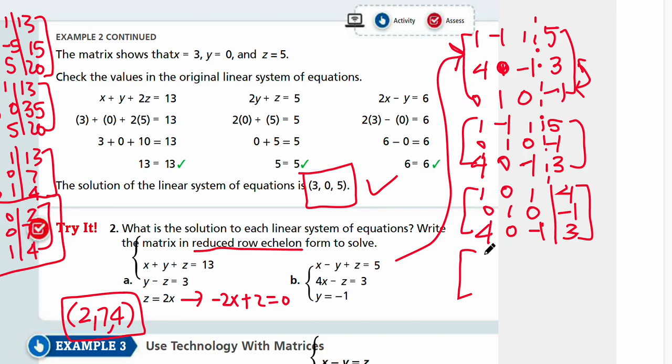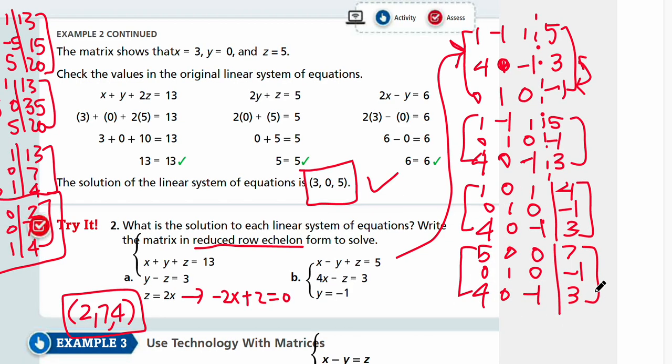So 1 plus 4, 5. 0 plus 0, 0. 1 plus negative 1, 0. Good. And now 4 plus 3 would be 7. And then 0, 1, 0, negative 1. And then 4, 0, negative 1, 3.